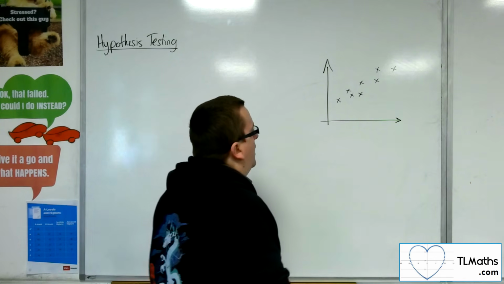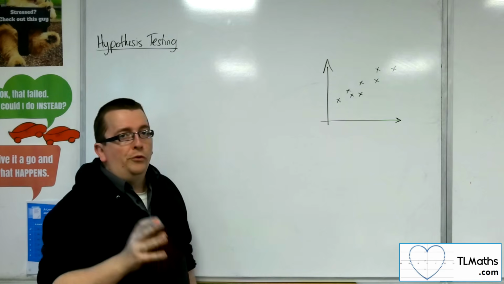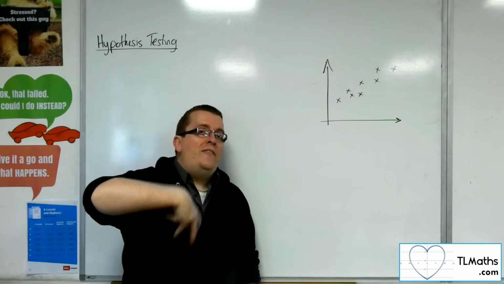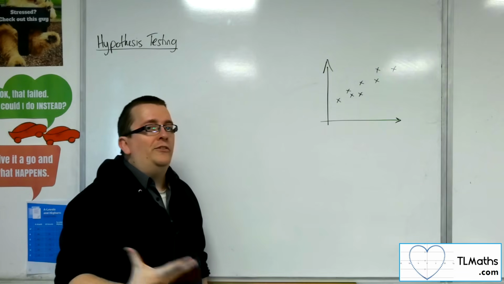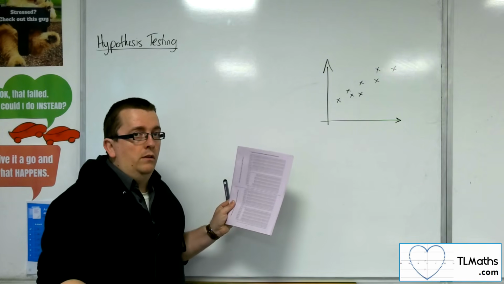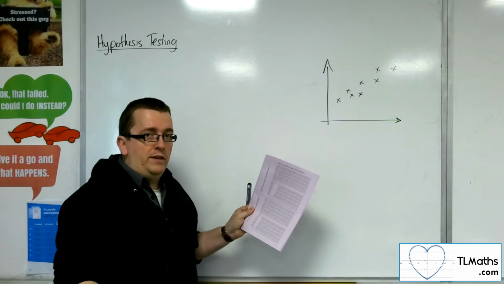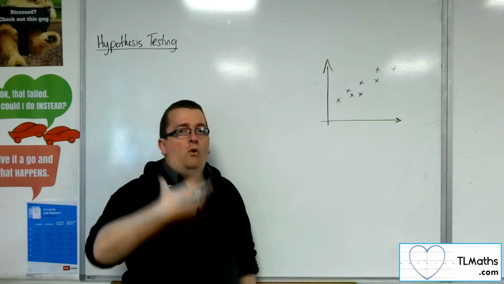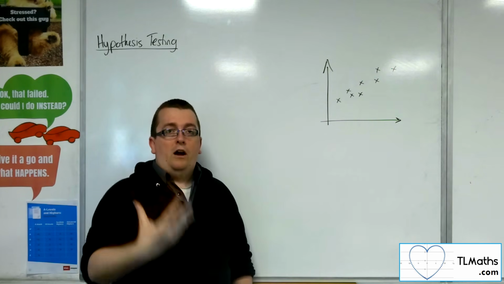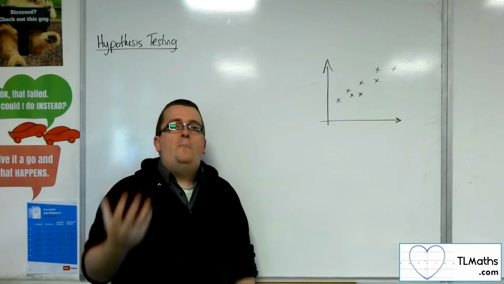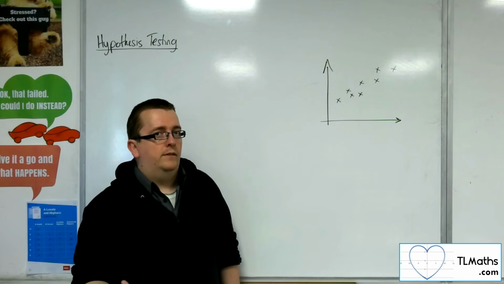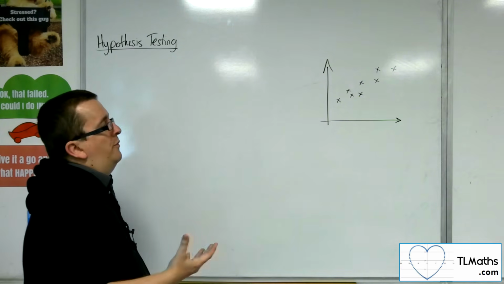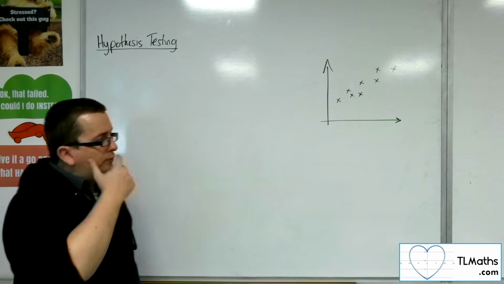So all that you've done is pick out a small sample, and you're wanting to determine whether you have enough evidence to suggest that the whole population will be positively correlated. Clearly, the more points you have, the larger the sample, the better the picture will get. So how do we actually go about performing this hypothesis test?